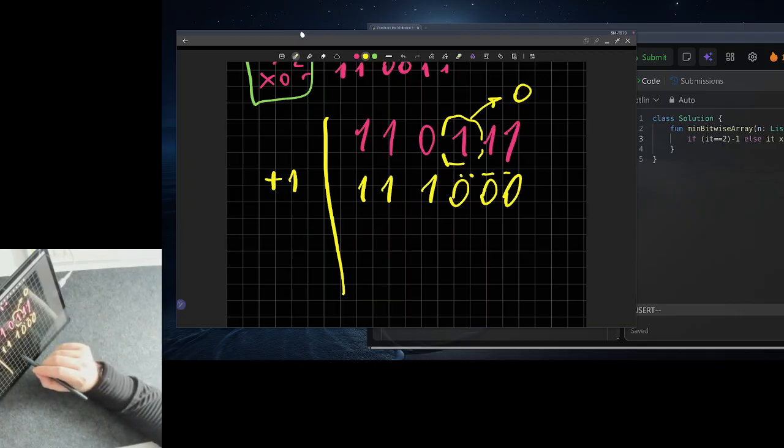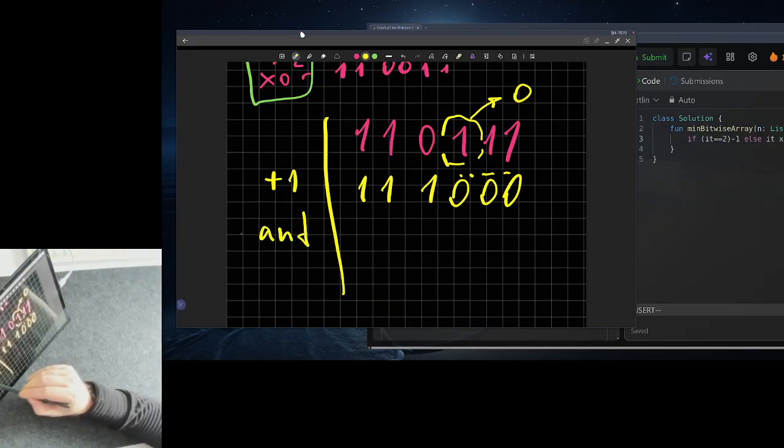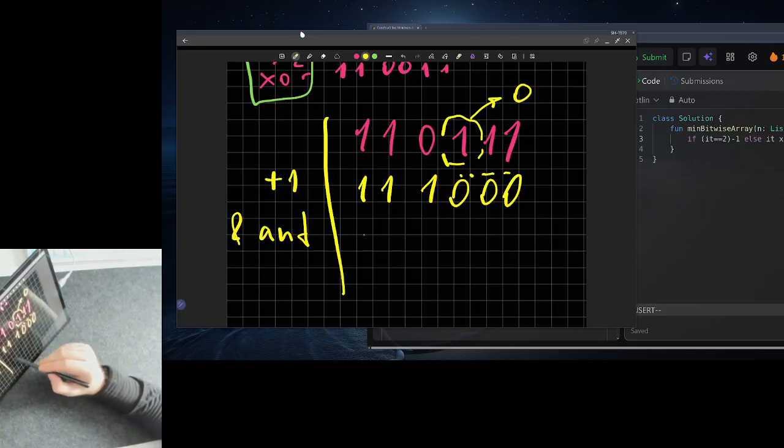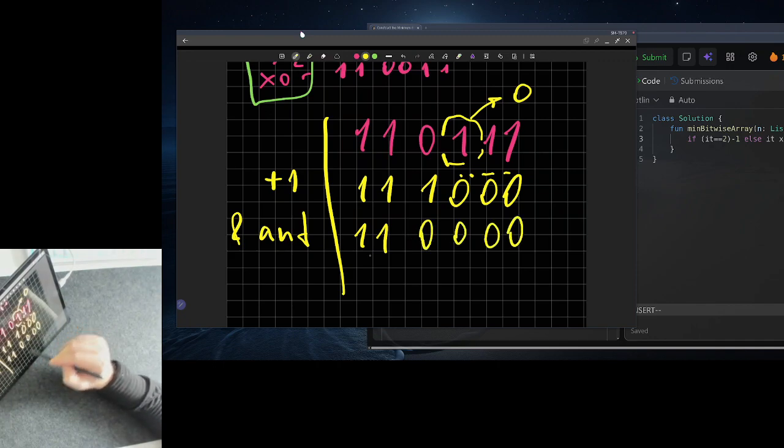Now we do the AND operation. This became all zeros, just the head.